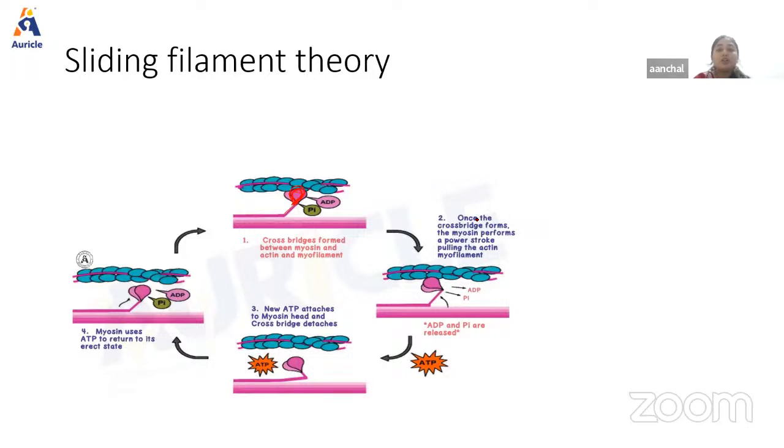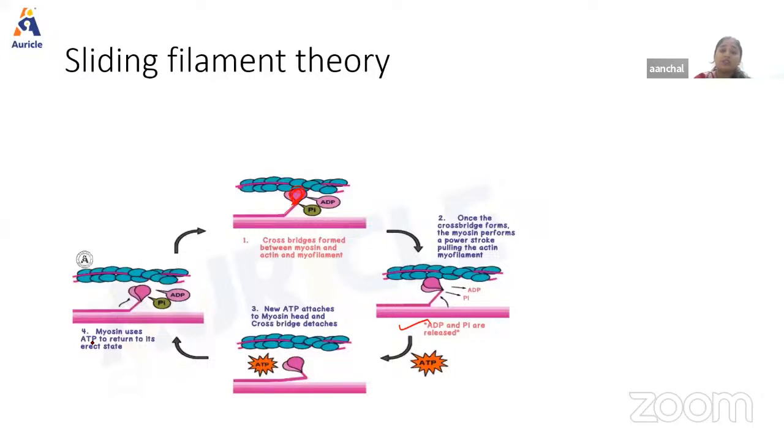Once the cross bridge forms and the myosin performs the power stroke pulling the actin filament, the ADP and inorganic phosphate are released. Okay, and as the contraction occurs, new ATP attaches to the myosin head and the cross bridge detaches. Okay, so new ATP will be there and the cross bridge detaches.